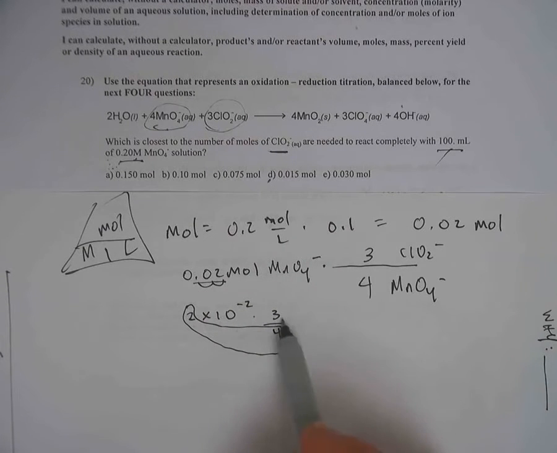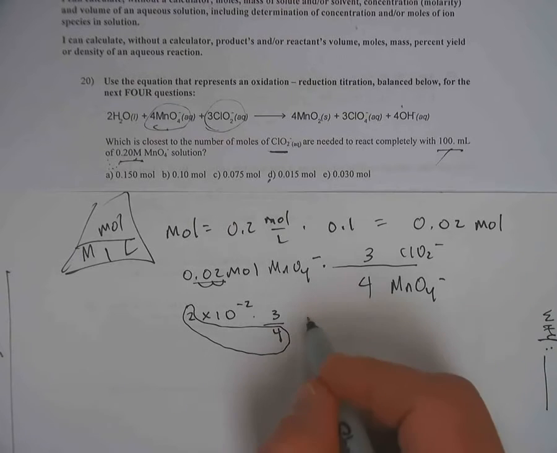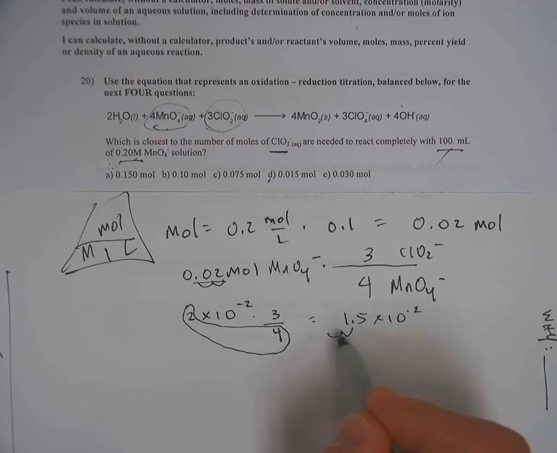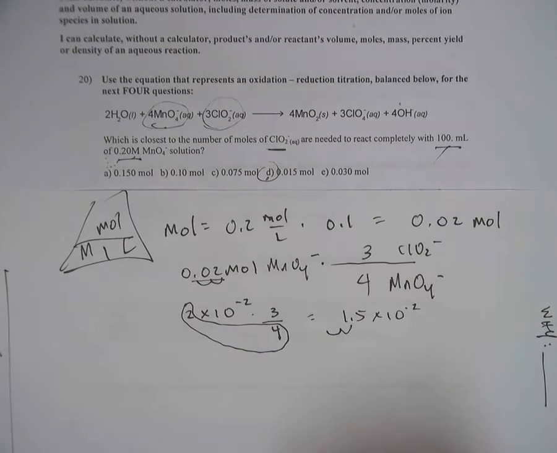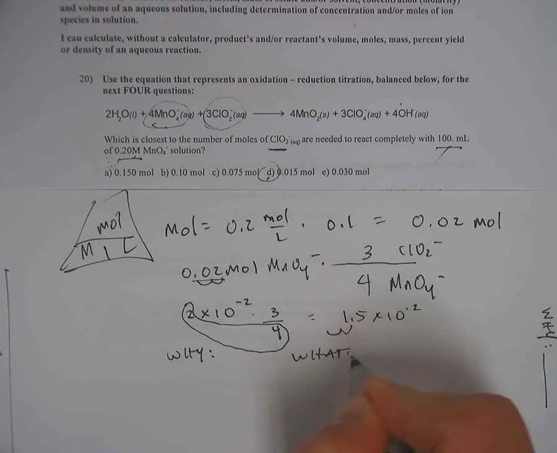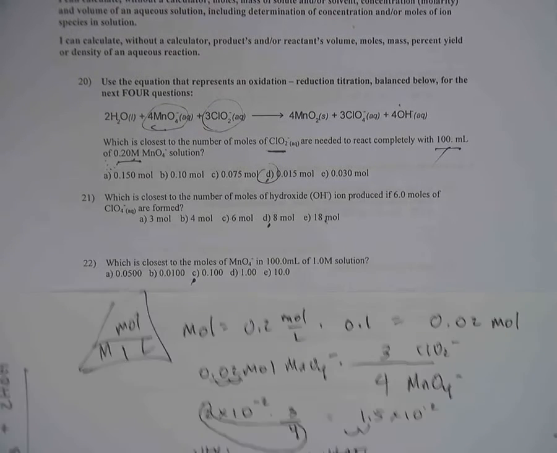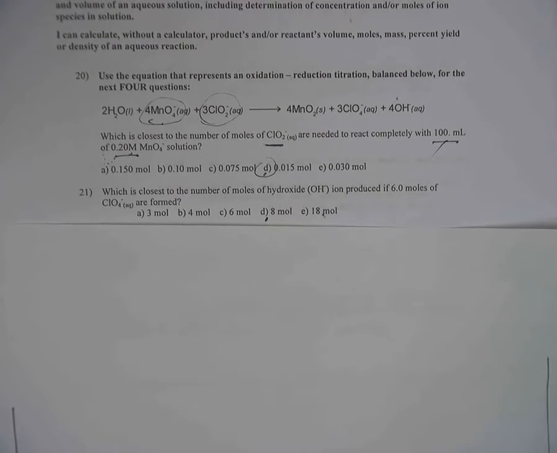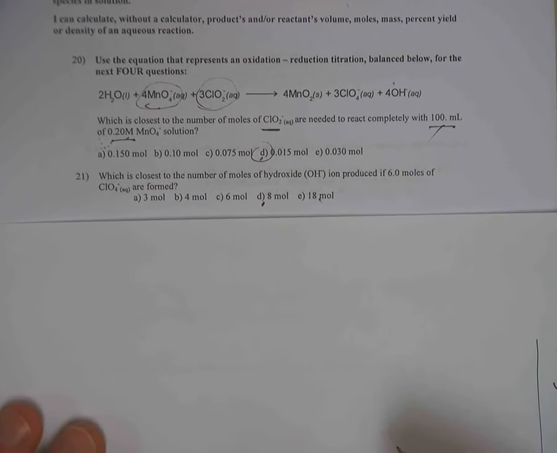So you need 1/2 of 3, which is 1.5, times 10 to the negative 2. Moving back would give you 0.015, which is D. Write down why you got it wrong and what you know in the future, so you won't get one like this wrong again.